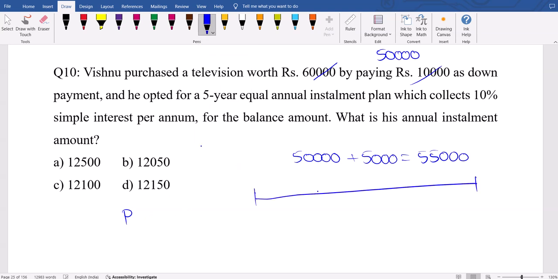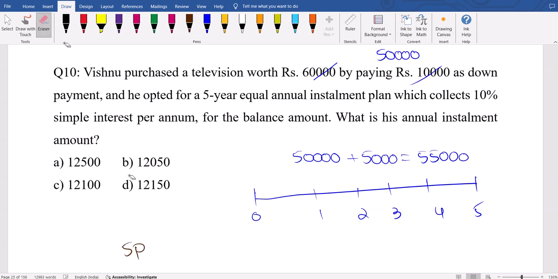Let's see, at least 1, 2, 3, 4, 5. So first year one amount is available for 4 years. First of all, every year you are paying the same amount, so 5X is the amount, where X is the installment for every year. But the first installment is with them for 4 years.